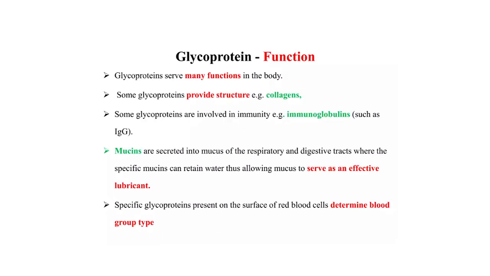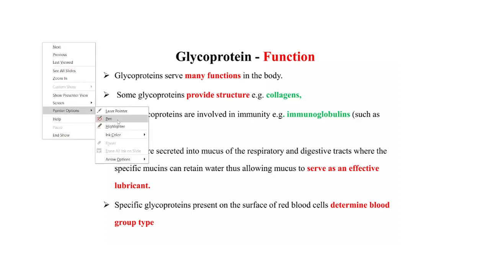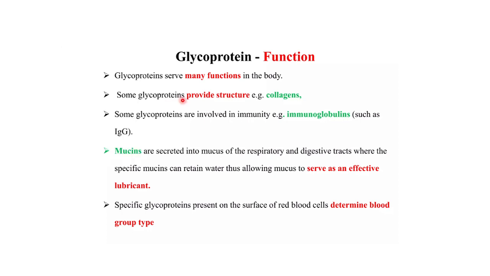This is very important where we speak of the functions of glycoproteins. The first is that glycoproteins provide structure. Like collagens, they provide a rigid structure to your cell or to different proteins.